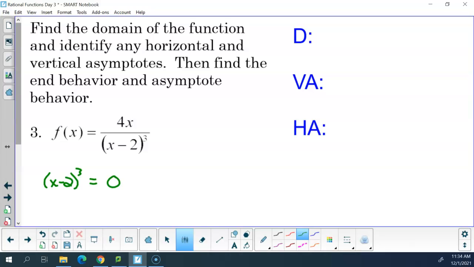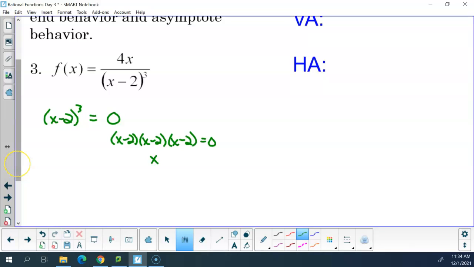I could write that all out as x minus 2 times x minus 2 times x minus 2 equals 0, and then set all of those equal to 0, which really I don't have to do one of them, right? And so then I would have x minus 2 equals 0, so x would equal 2, right?